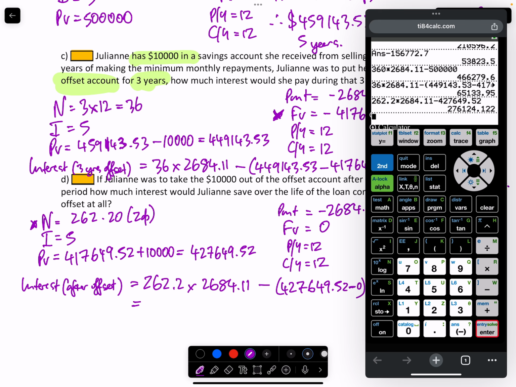He's going to pay 276,124.12 interest after the offset's been taken out.